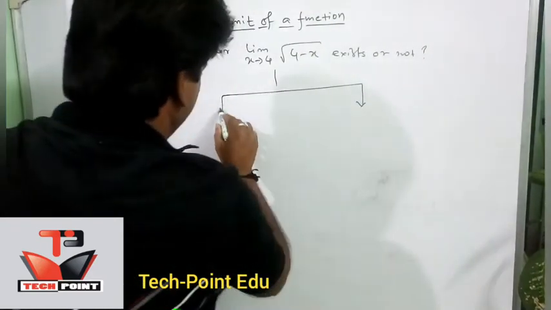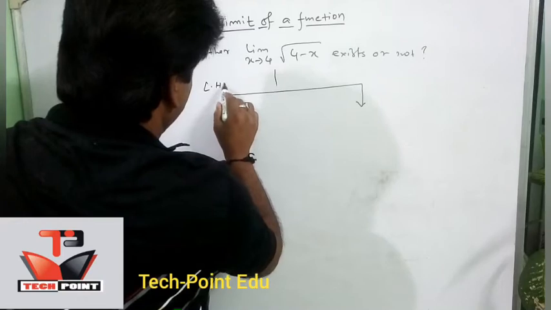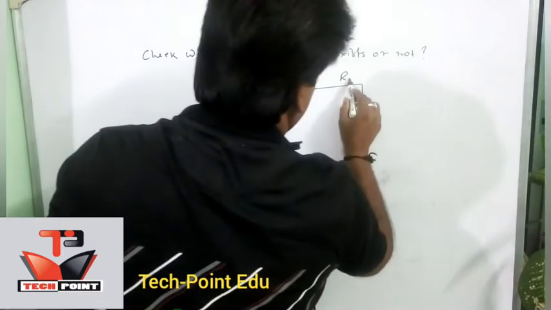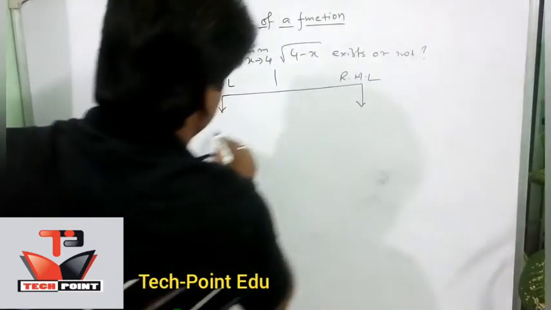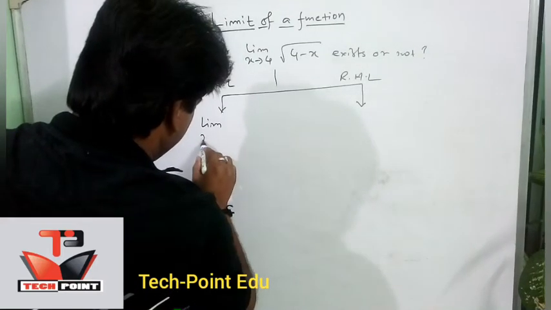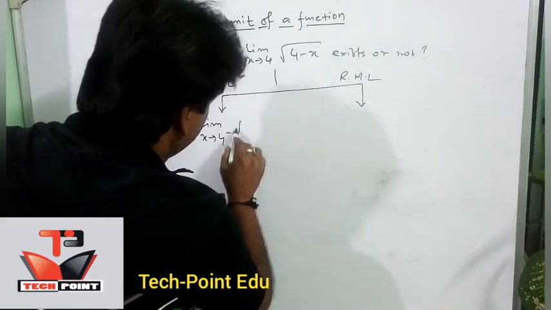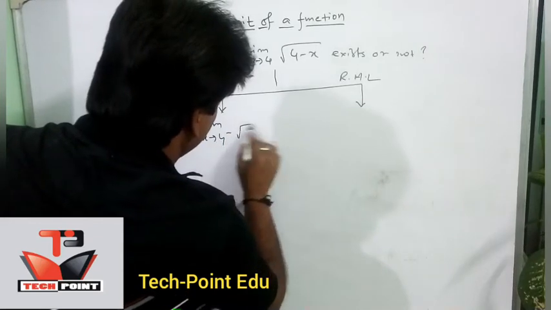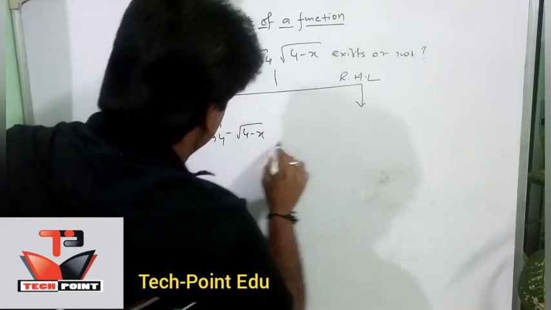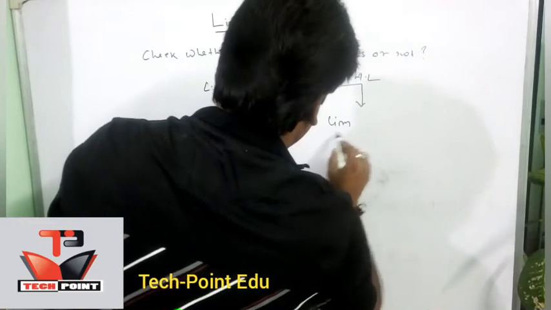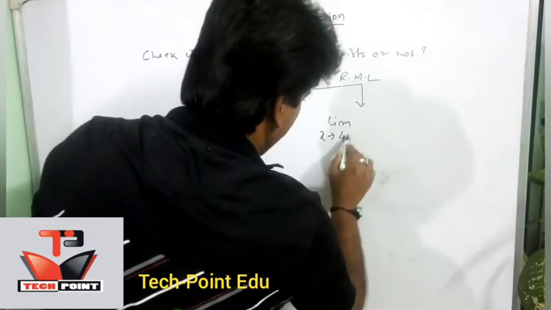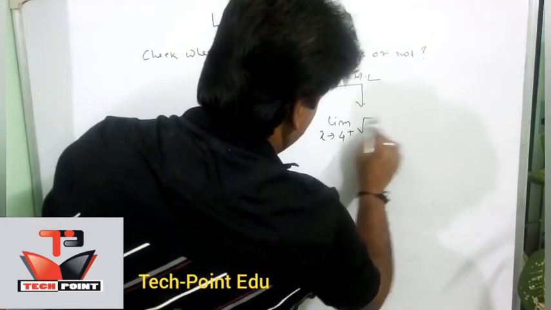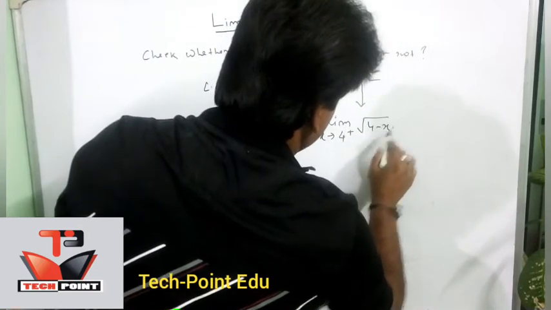One is your left hand limit and the other is your right hand limit. That means limit x tends to 4 minus root under 4 minus x, and another one is limit x tends to 4 plus root under 4 minus x.